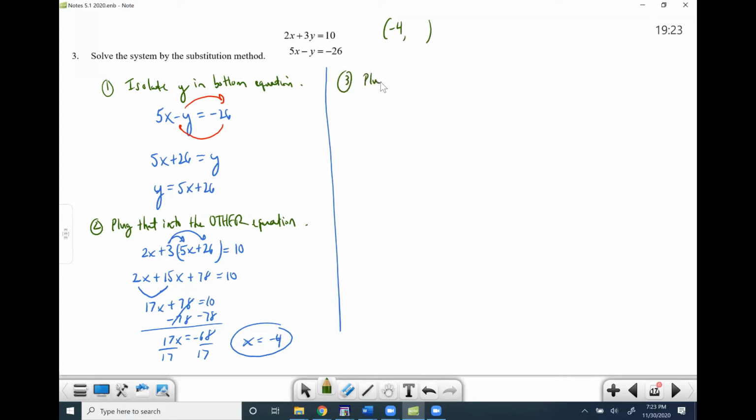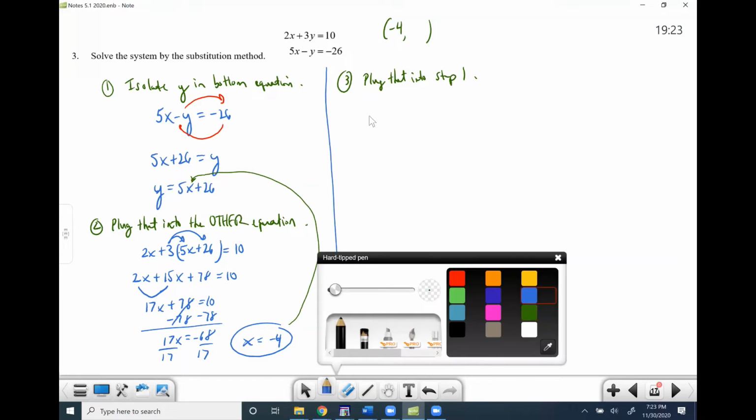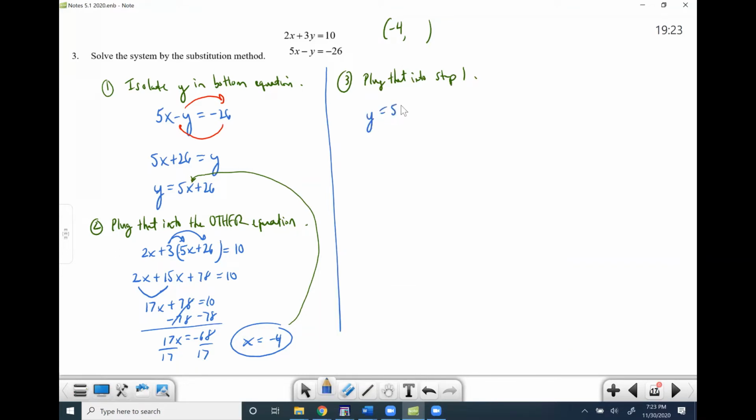So plug that into step 1. Put it right here. So we got y equals 5 times x plus 26. It looks like y equals 6.